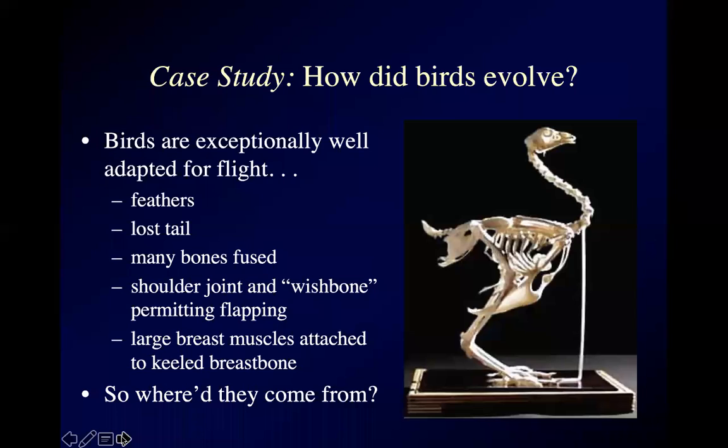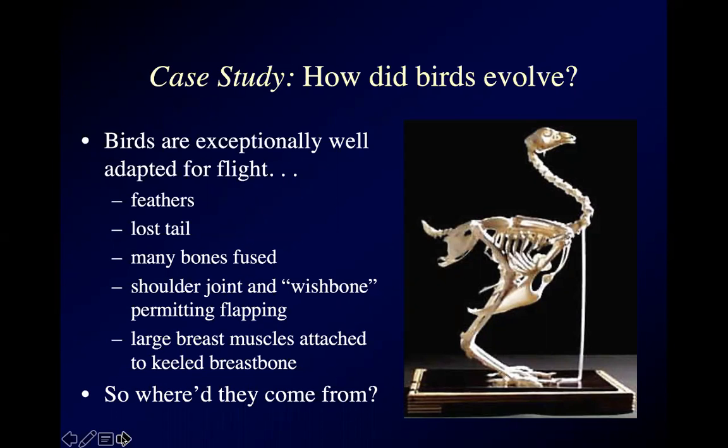If you've ever cut up a chicken, chickens don't have long tails like a lizard. They've got those little nub tails. There's a particular arrangement of the shoulder joints that permits a particular type of flapping, a particular type of power stroke. Very large breast muscles.